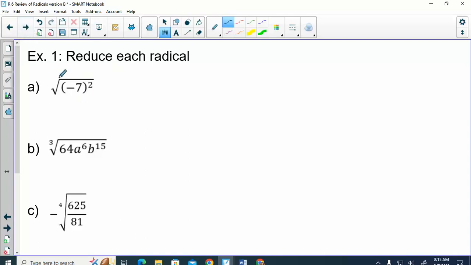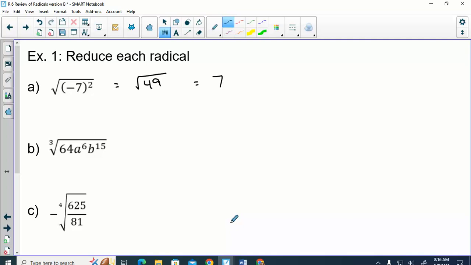So in general, we say a square root and a square cancel, but the definition of a square root, it's the positive root. So if you think about this, -7 squared, -7 times -7 is positive 49, and the square root of positive 49 is positive 7. So the number coming out from underneath a square root would always be positive.